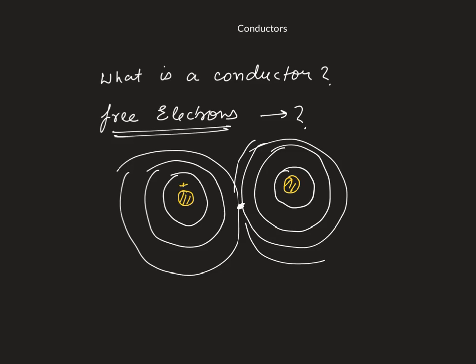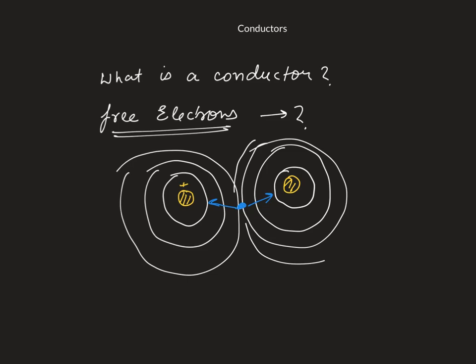If this particular electron here, let me show it in a different color, there is an electron here, it will experience equal forces from the respective nuclei, and it will be confused whether it belongs to the nucleus here or the nucleus here.